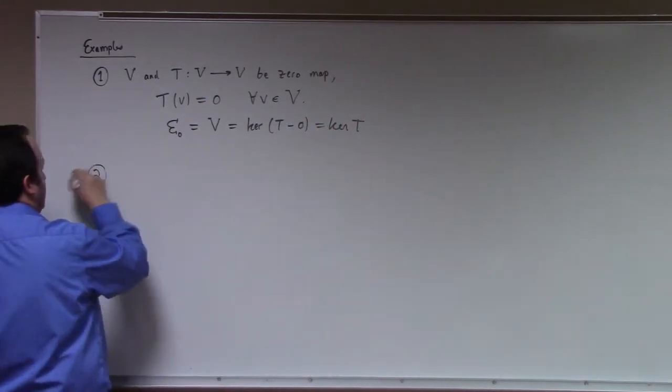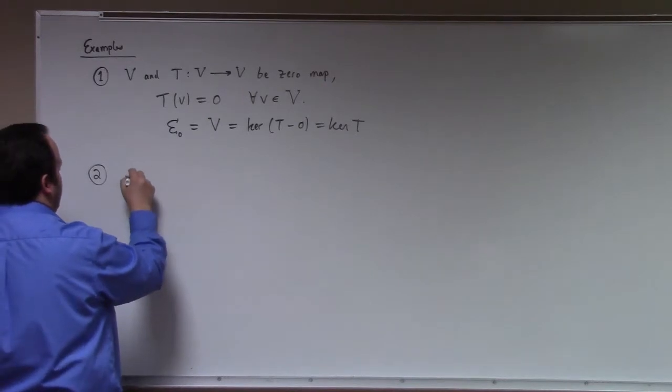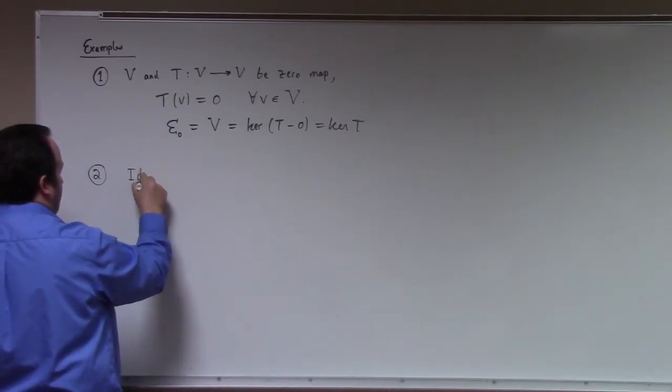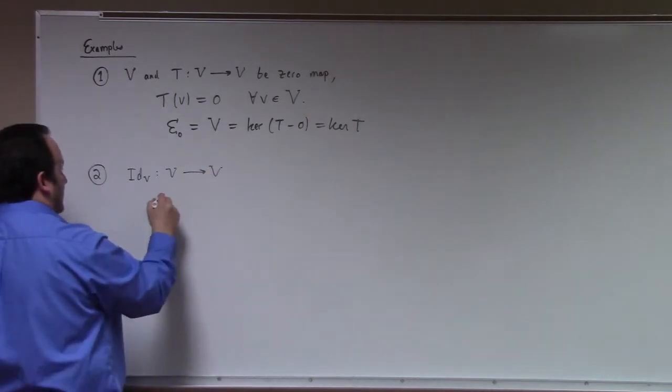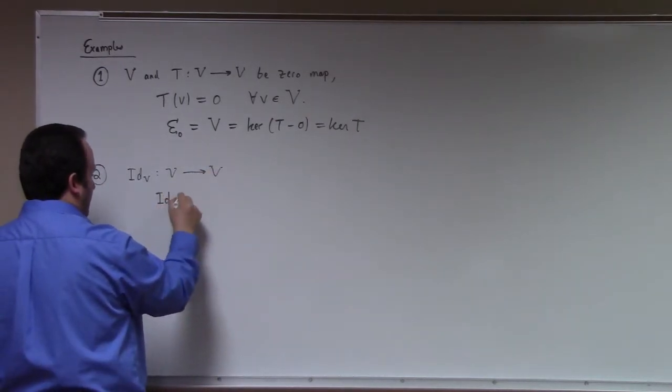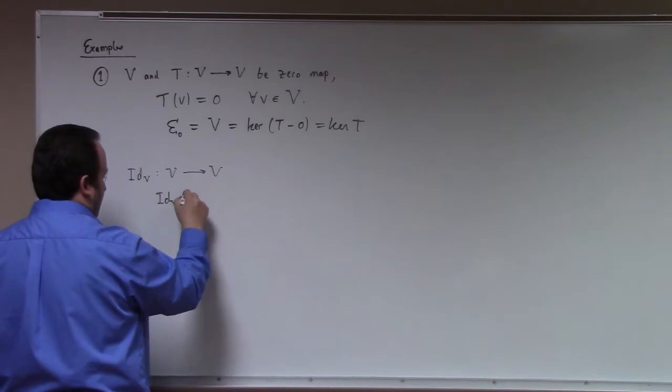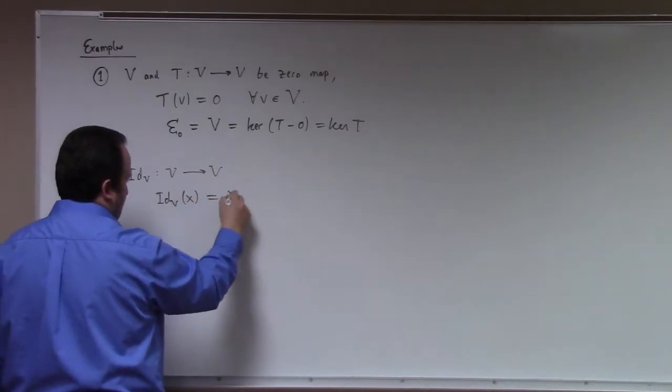Two, keeping with my ridiculous examples, what if we look at the identity map on V to V, right? Then if we look at the identity map acting on, let's say, X for a change of pace, well, that's X again, right?